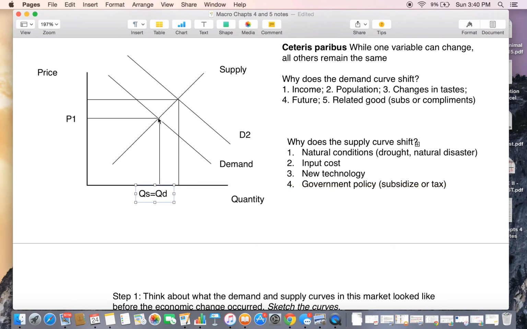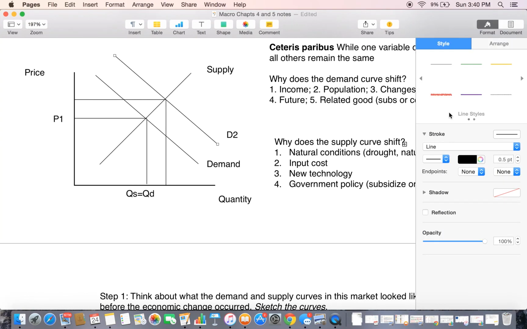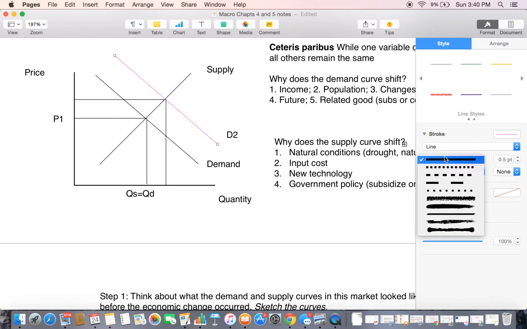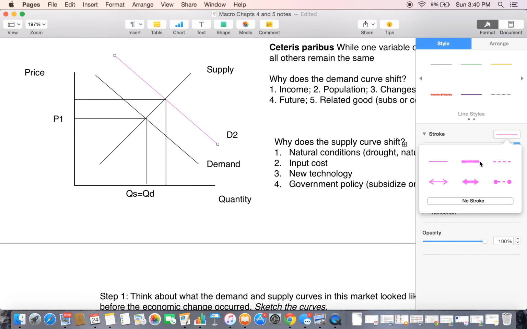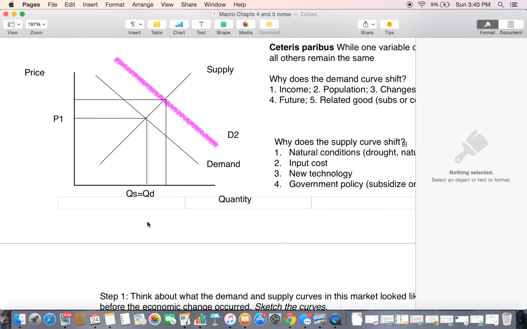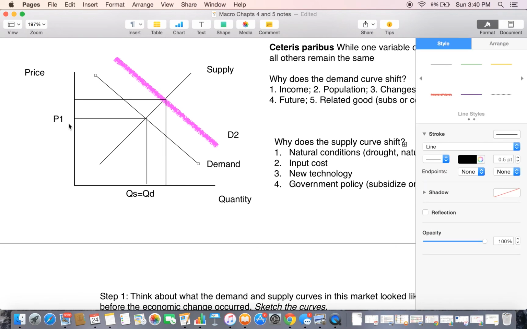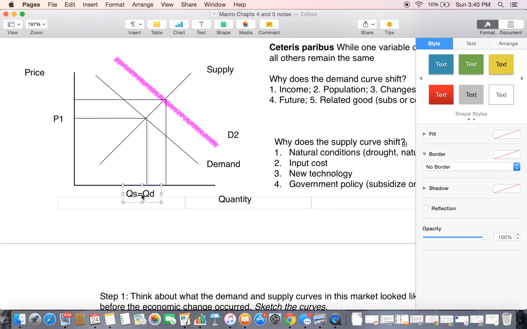So you can see in our original demand curve, let me denote this differently. I enjoy the color pink. Okay, on our original demand curve, we would have an equilibrium price and quantity for these hoverboards of P1 and Q1, where quantity supplied equals quantity demanded.